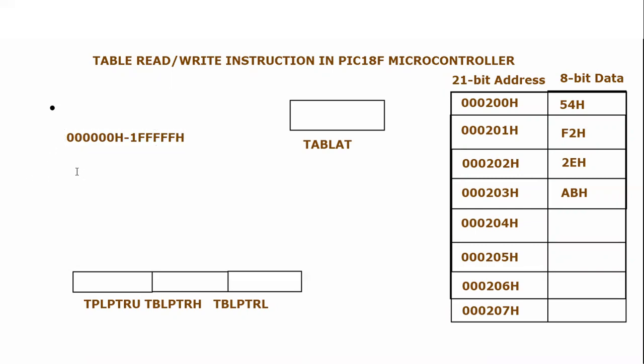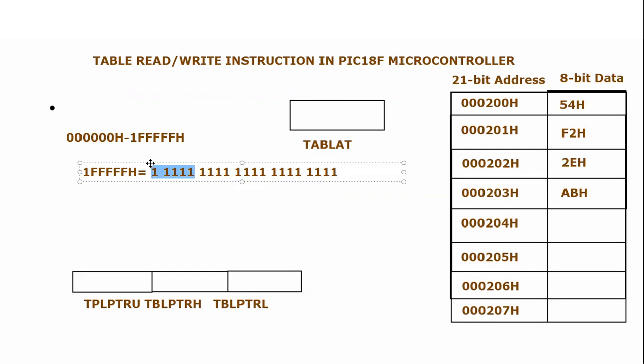I will go for the maximum because it will explain things more clearly. 1FFFFF hex means 1, then 4 times 1, 4 times 1, and 4 times 1, 4 times 1, 4 times 1. So this is the maximum address. One part can be stored in 8 bits, another part in another 8 bits, and the most significant 5 bits will be stored in another 8 bits.